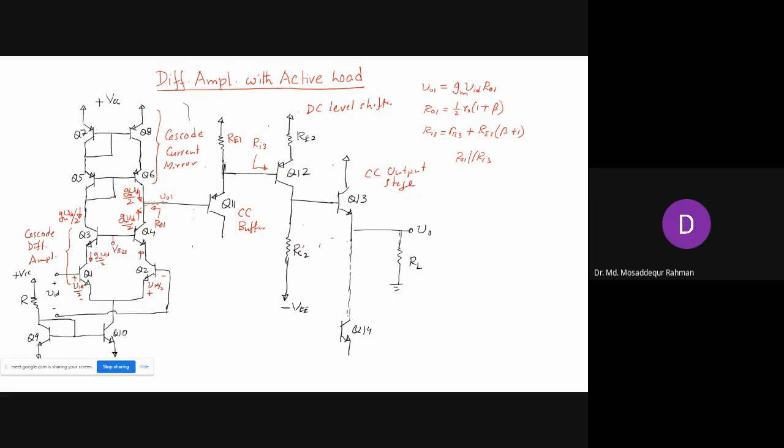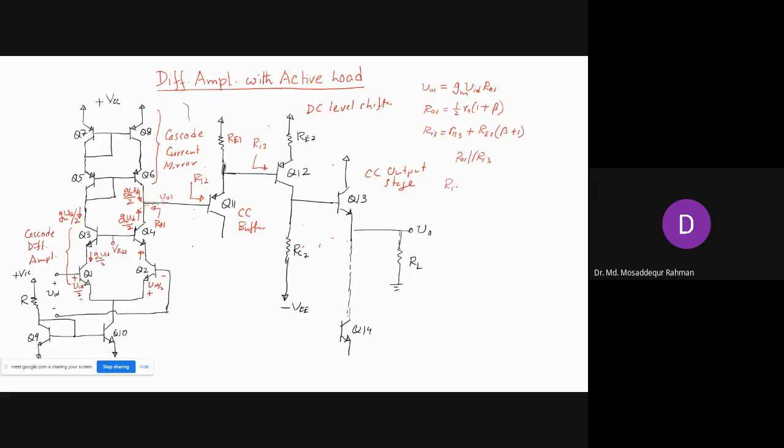So if you can increase this resistance, then that will increase the effective load resistance and maintain high gain. Because of that, we introduce this buffer, to further enhance the resistance here. So let's say this is Ri2, and here you have Ri3.